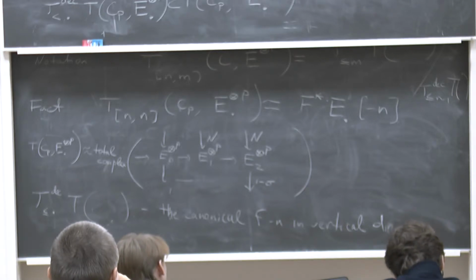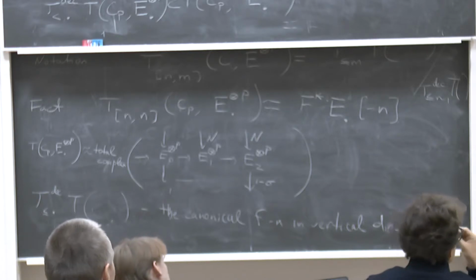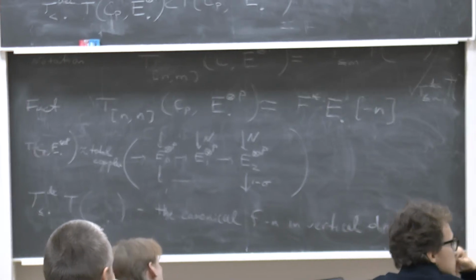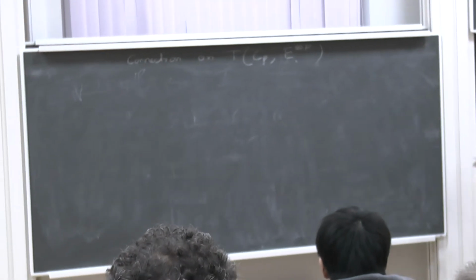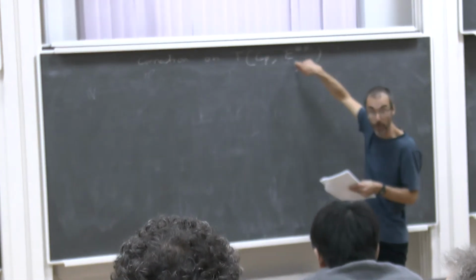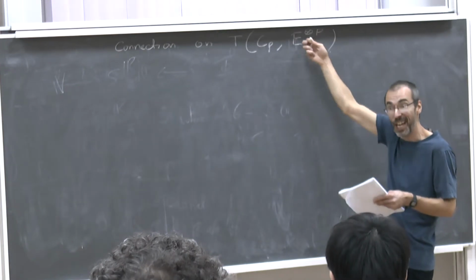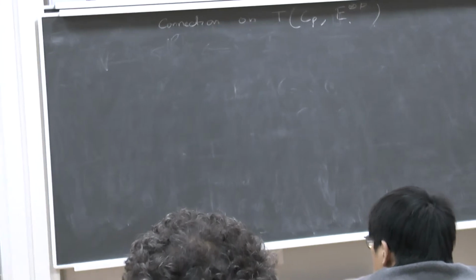This is the connection on this. It turns out that for any complex E, this complex of O_X-modules carries a canonical connection in the following sense. Not that every term, of course, has a connection, although it is the case when it's built of rank 1 bundles.